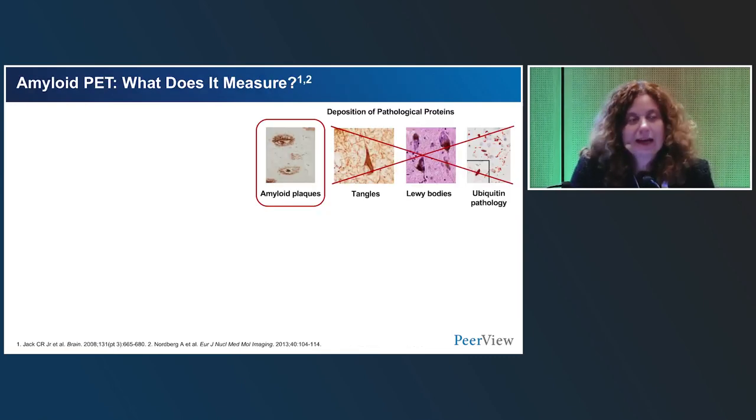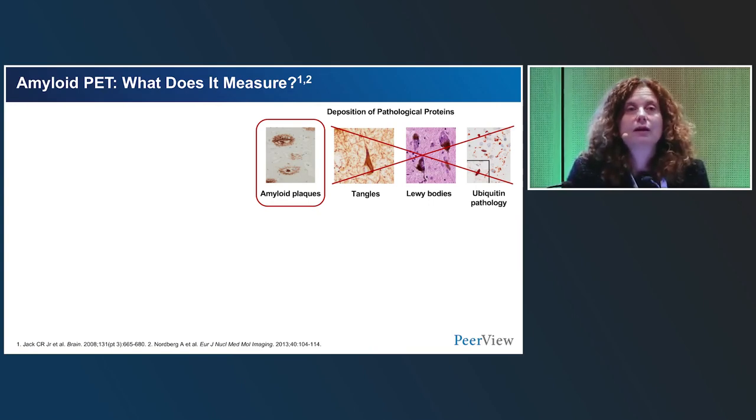But I will now make a step back and start by very briefly discussing what we measure with amyloid PET, and then we will discuss the scenario to which we will need to be ready in the near future. Everyone knows that all the tracers are able to track amyloid pathology with high specificity. The phase 3 trials were validated against neuropathology.